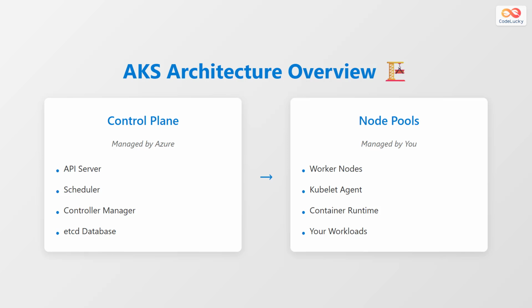You never have to worry about managing or maintaining these components. On the other side, you have node pools, which you manage. These contain the worker nodes that run your actual workloads, the kubelet agent that communicates with the control plane, the container runtime that executes your containers, and most importantly, your applications and services.